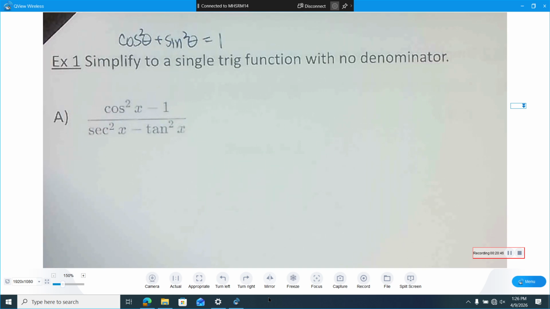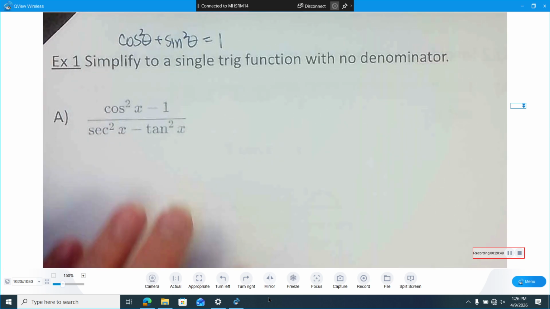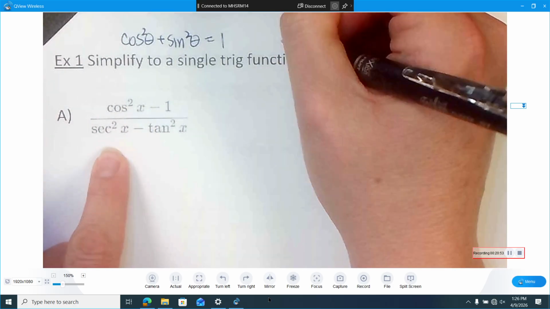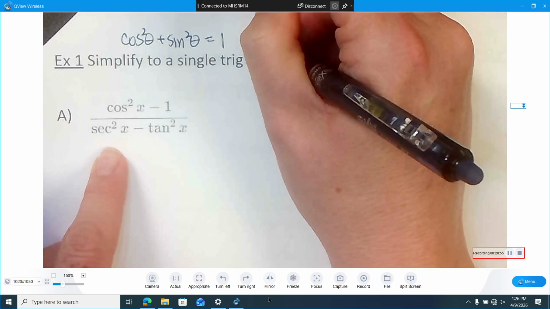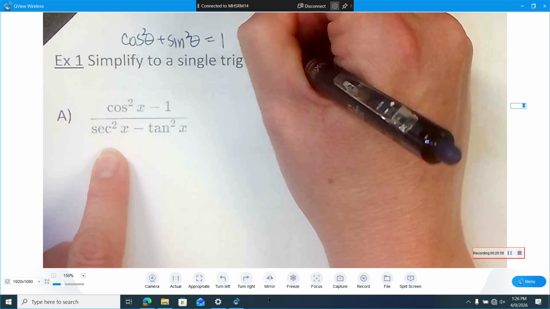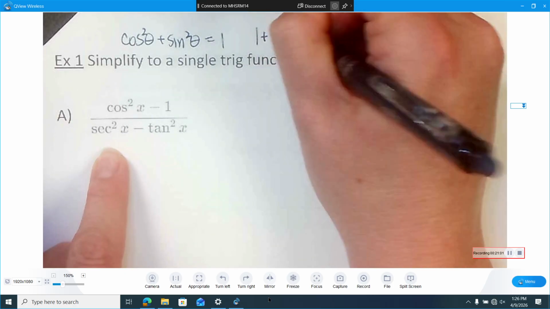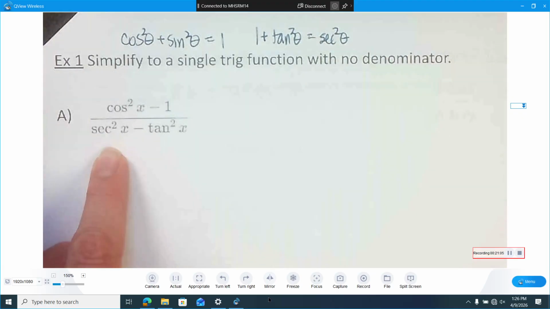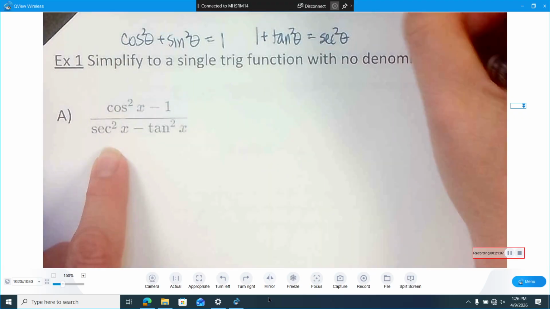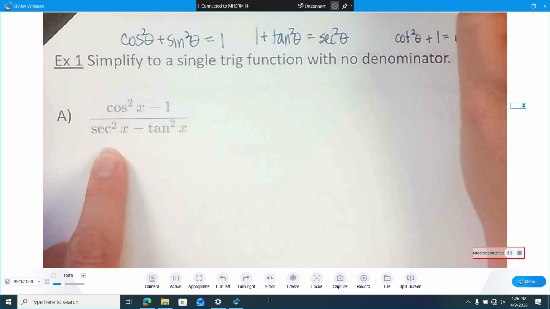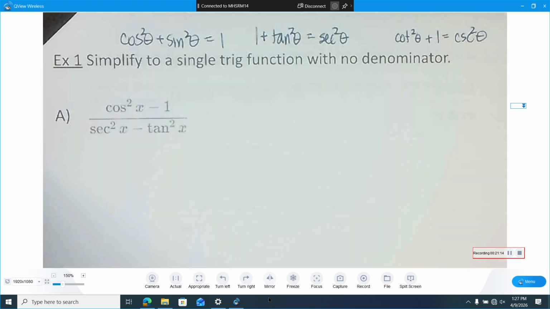So there's like a million ways to do this. Ooh, you know what else? These are squared as well. I think I want to write down my other things here too. What was my special saying? 1 adds a tan by the secant squared theta. Okay, and then what was the other one? Cot plus 1 equals cosecant squared theta. Excellent. Lovely that you even have those in your head already.